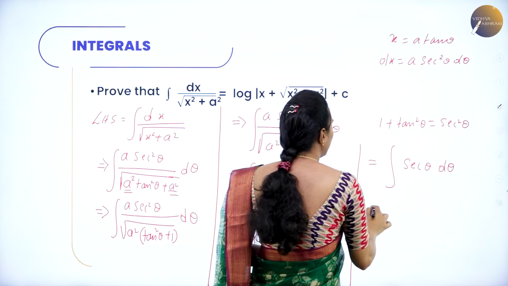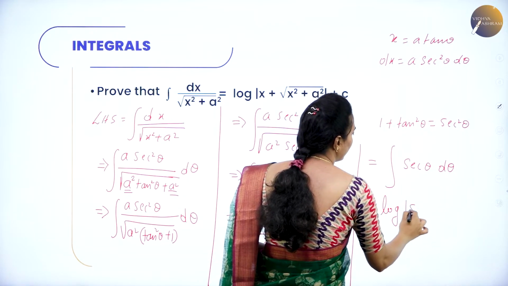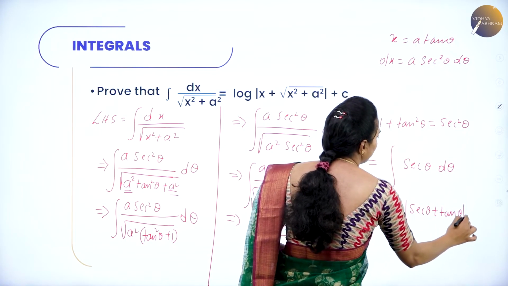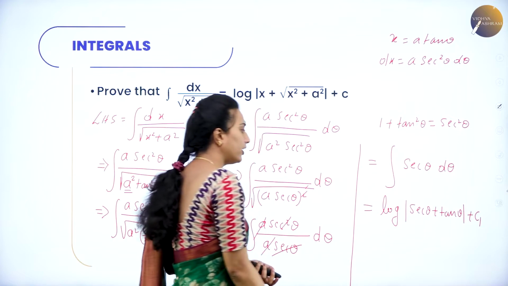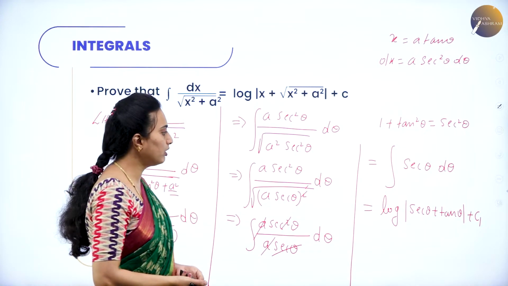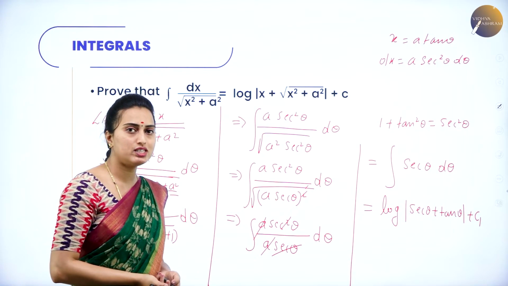Now you know already what is secant theta into d theta, which is nothing but log of modulus of secant theta plus tan theta plus C1. Here also why have I taken C1? Because log a will come there. Now substituting, what are you getting? Tan theta is equal to x by a, and what is secant theta?